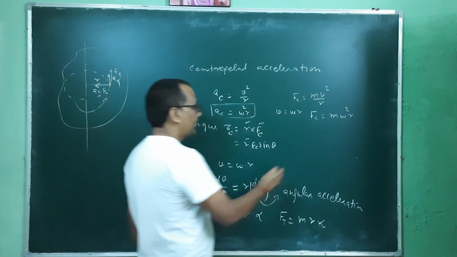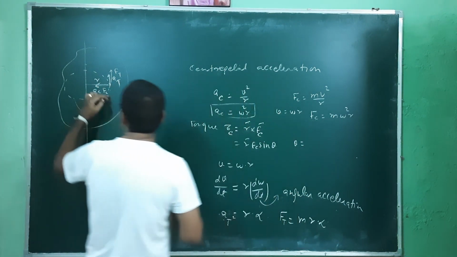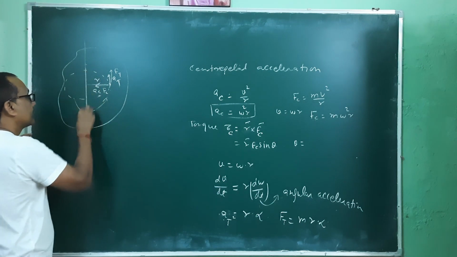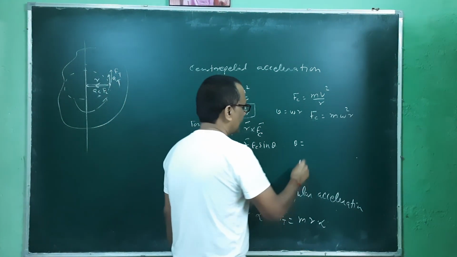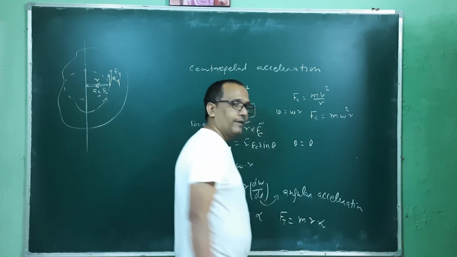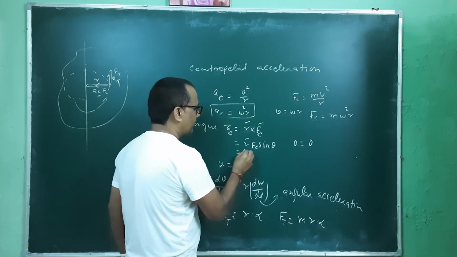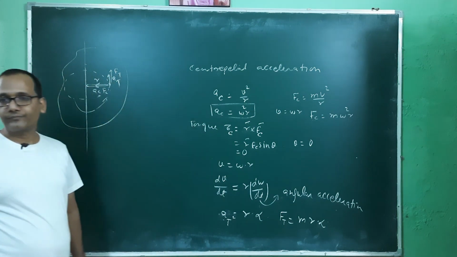And here theta, it is just toward the axis, this is that axis, theta is equal to 0, and when theta is equal to 0, this tau is equal to 0.